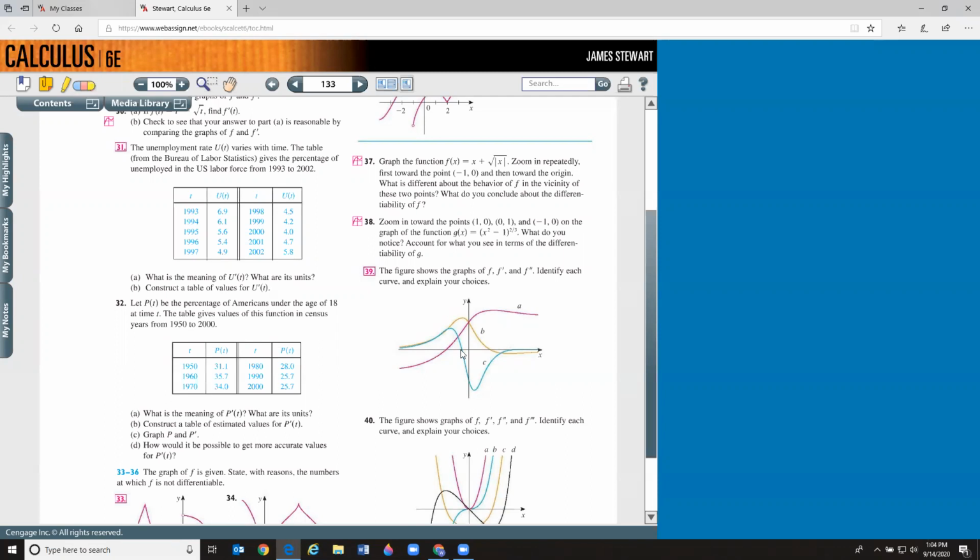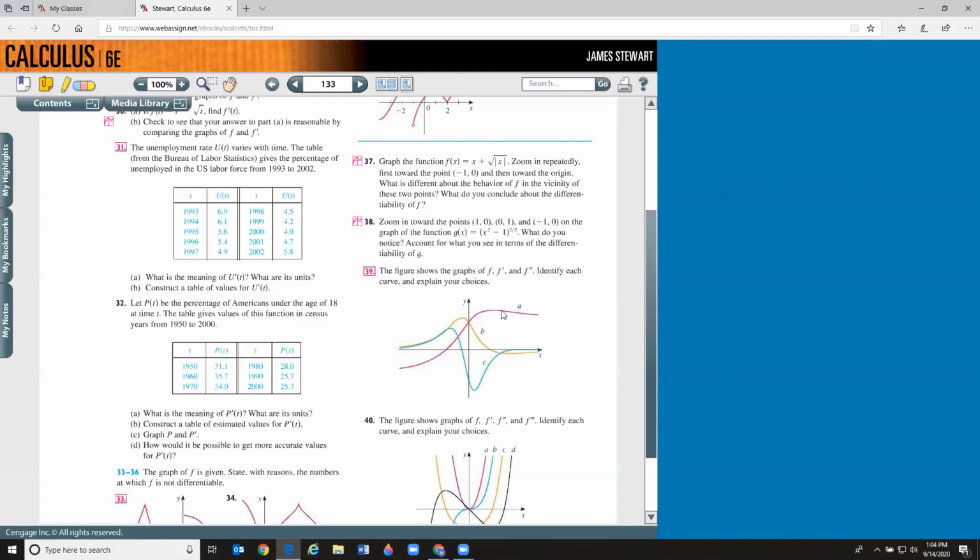Also notice that wherever A went from increasing to decreasing in here, A went from a positive slope to a negative slope. So A has to have passed through a zero slope.